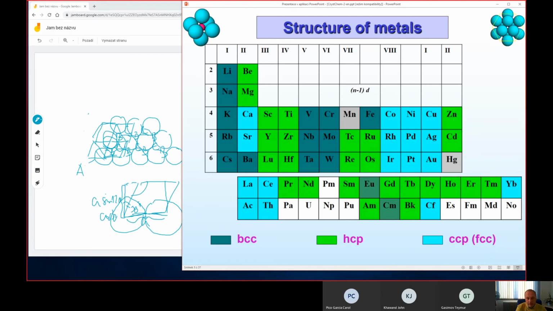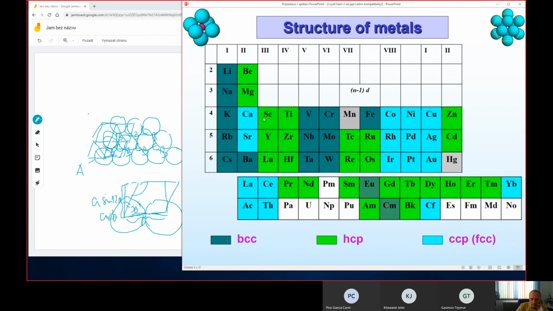If we look at the structures of metals, we have either BCC, which stands for body-centered cubic, then HCP, hexagonal close packing, and CCP, cubic close packing, also denoted as FCC, face-centered cubic.